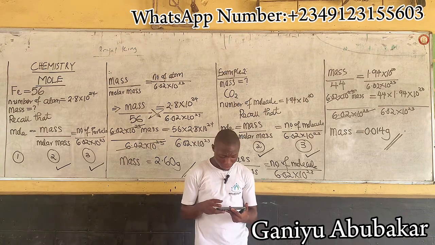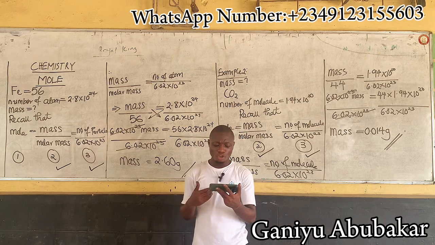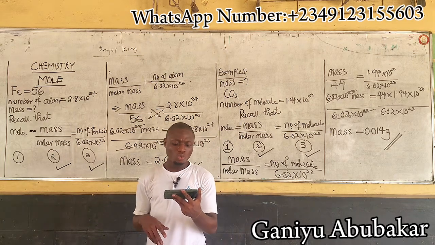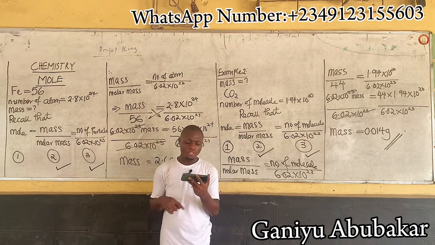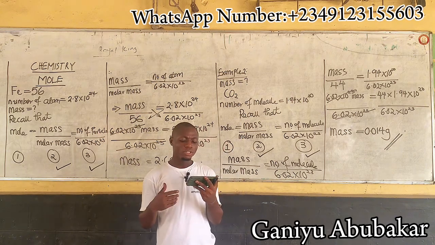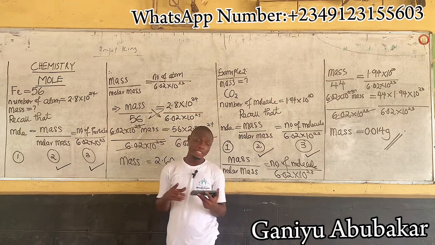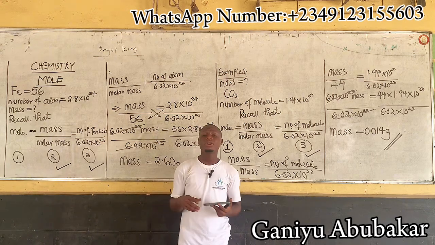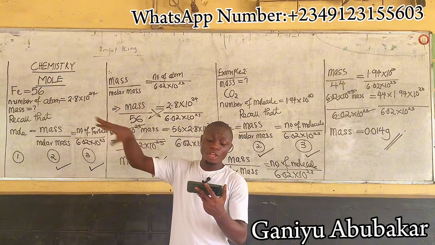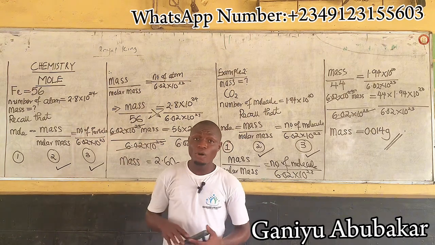Assignment number 1. What is the number of atoms in 128 moles of CS2? That CS2 is called carbon disulfide, but just leave that name aside.